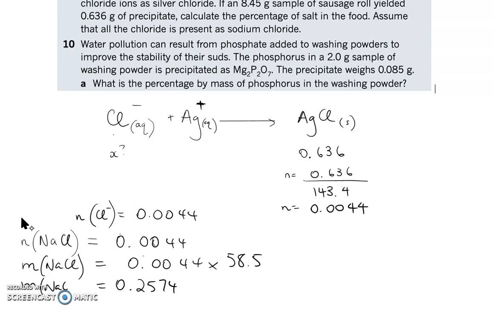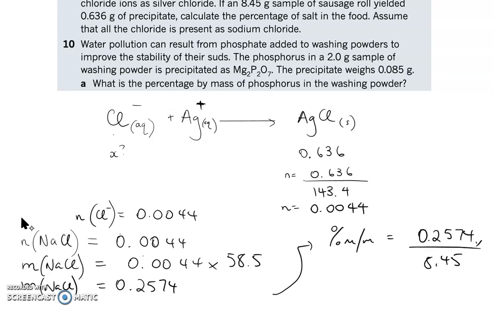Okay, so that's my gram value, and I'm going to use that gram value to get my percentage mass by mass. So this is how much salt is in the sausage roll, which was 8.45 grams. Divided by 8.45, times 100, so 3.05%.